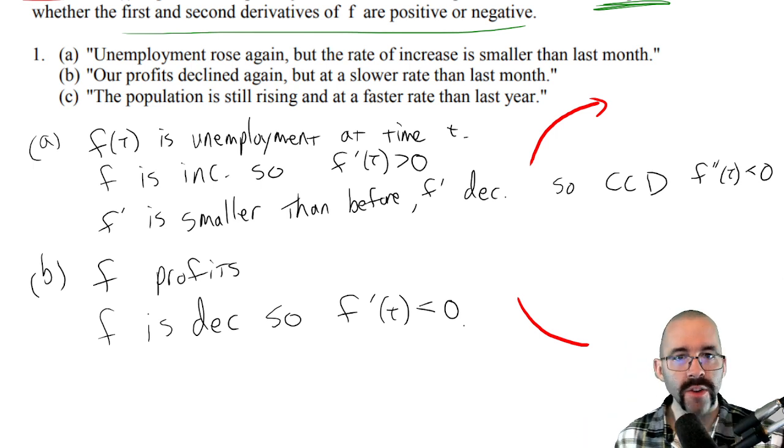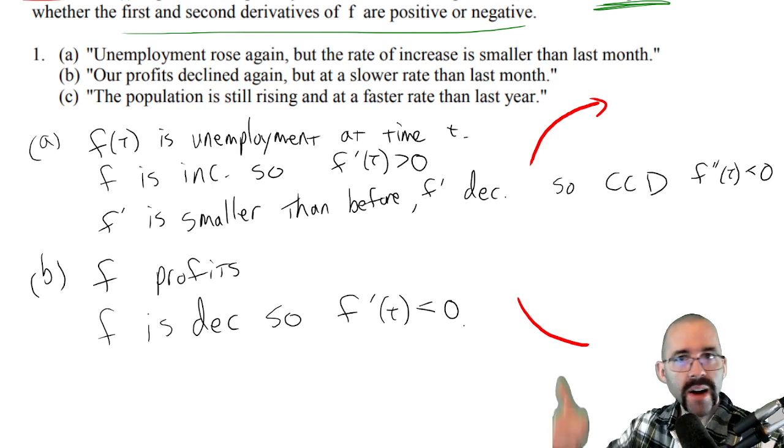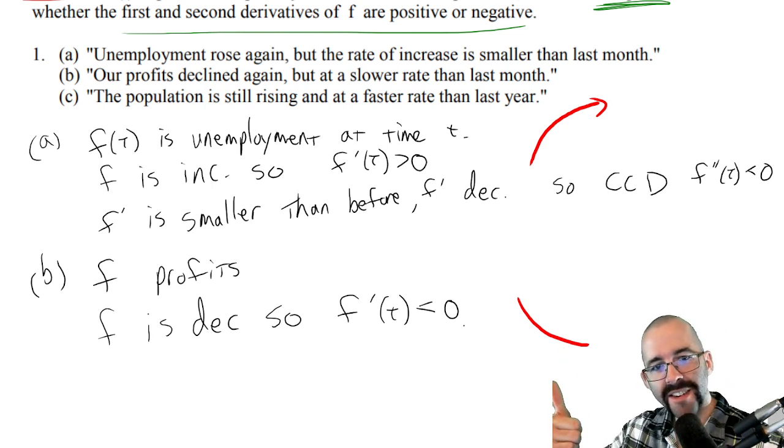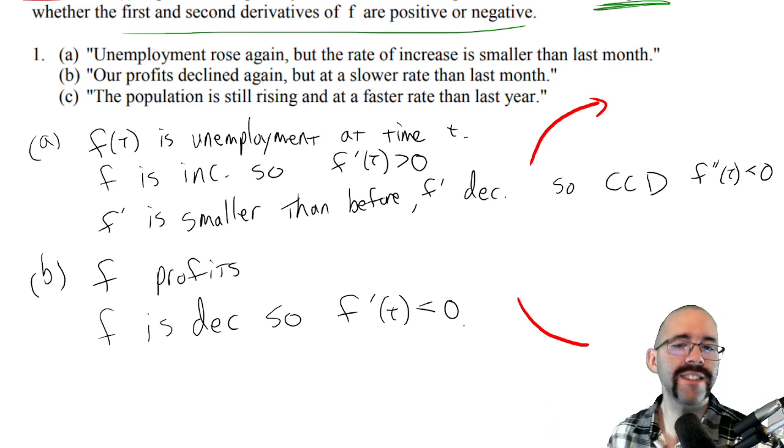Think about being in your car and driving in reverse. Maybe this isn't helpful, but if you're driving in reverse and you slow down, you put on the brake, your acceleration is actually positive because your velocity is technically increasing, even though your speed is decreasing.